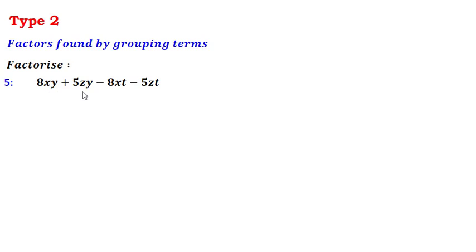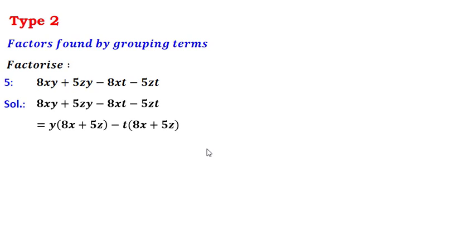Now let us see the fifth question. 8xy + 5zy - 8xt - 5zt. Now from these two terms I can take y common, or else I will rearrange these terms and write 8xy - 8xt together and 5zy - 5zt together. So anyway we can do. Now here I have taken y common.